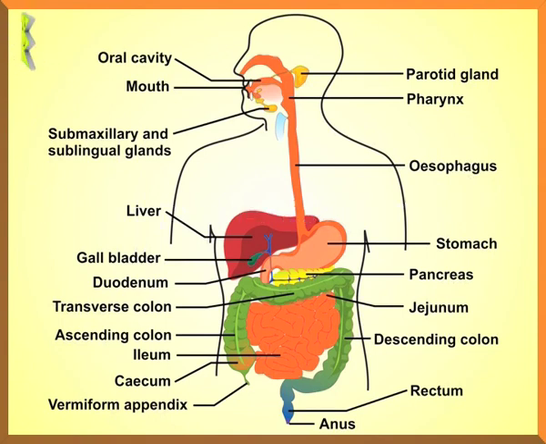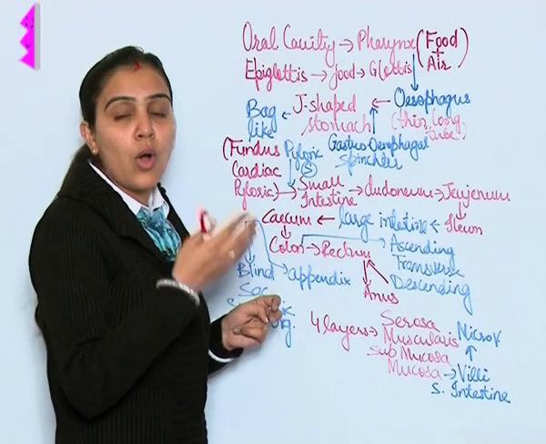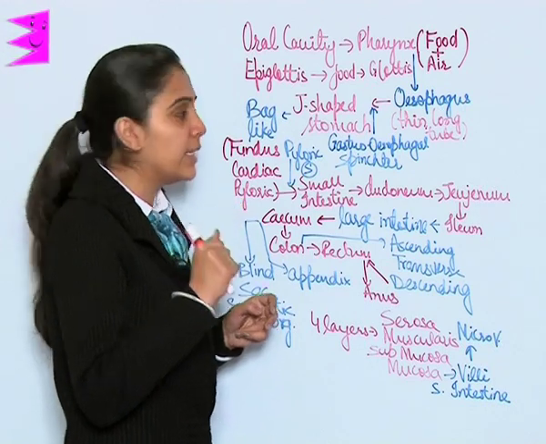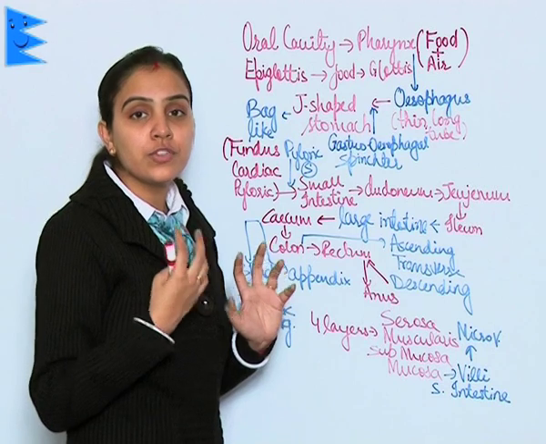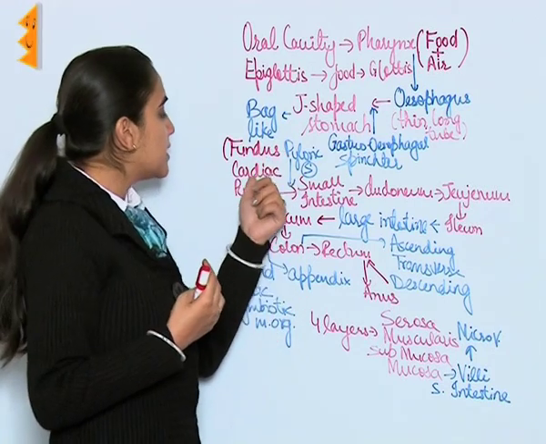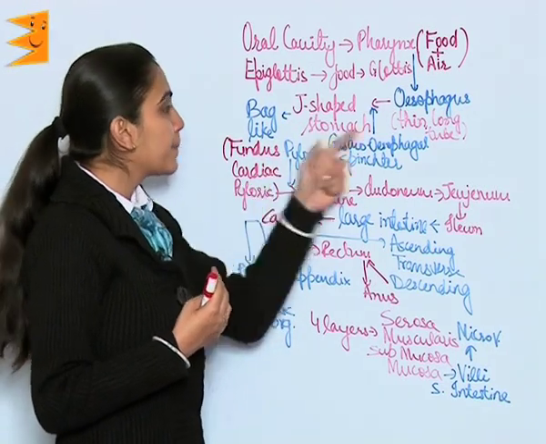The esophagus is nothing but a thin, long tube which runs to a J-shaped, bag-like structure named the stomach. The stomach is placed on the left of the abdominal cavity. It is bag-like and has three parts: fundus, cardiac and pyloric.